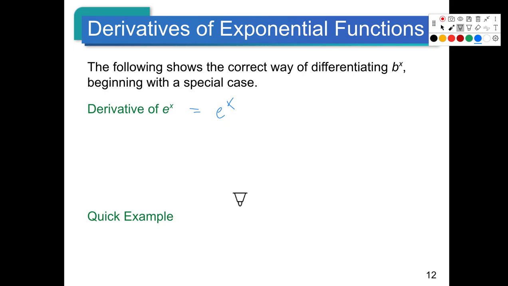Okay. But for a quick example, what if we had e to the 3x squared minus 4x? What happens when we want to take this derivative? Take the derivative of the outside function first, right? Chain rule. What is the outside function? e to the x.